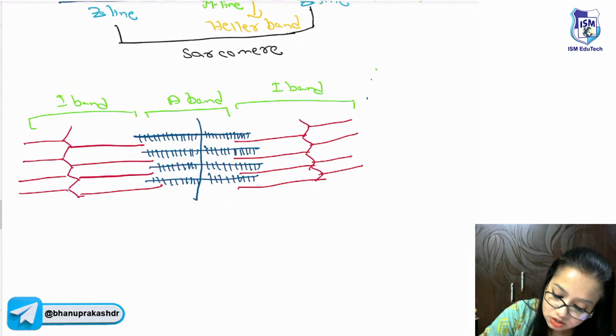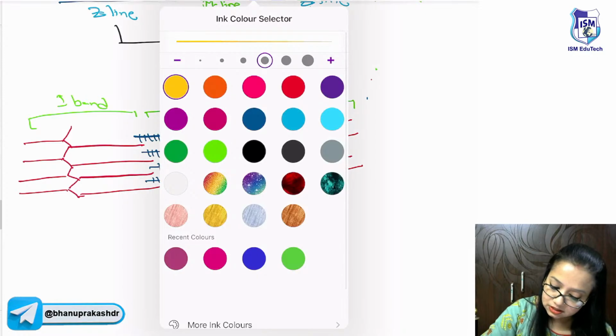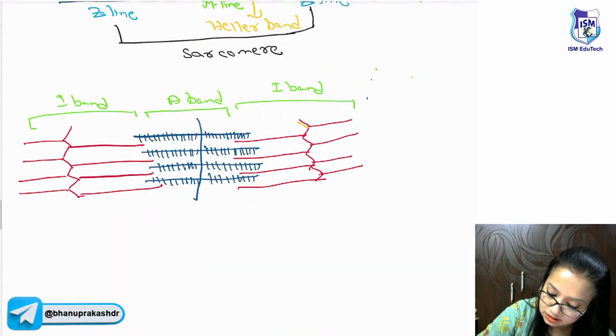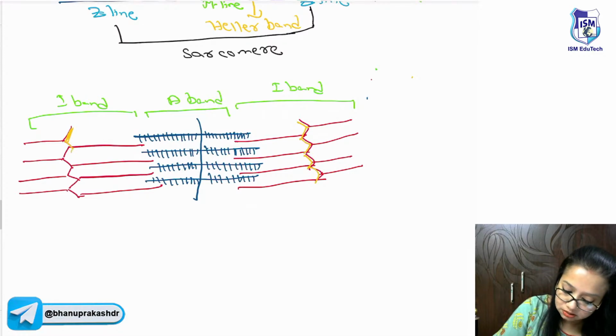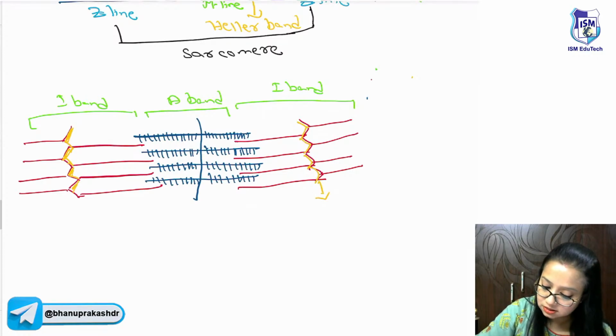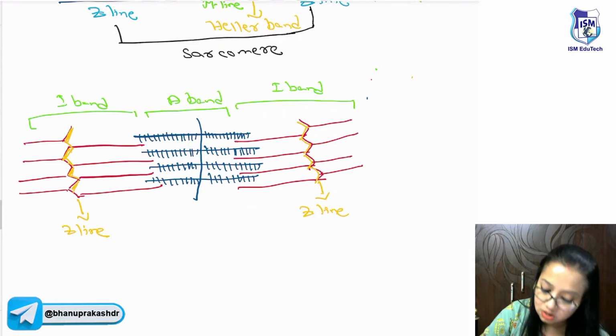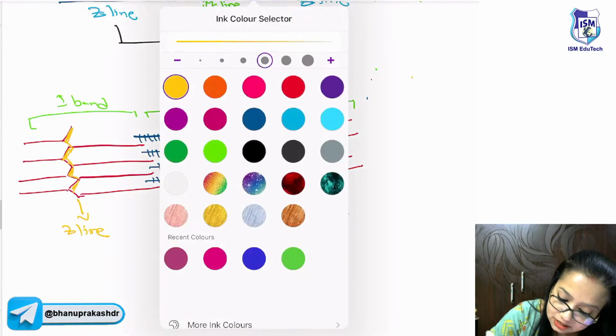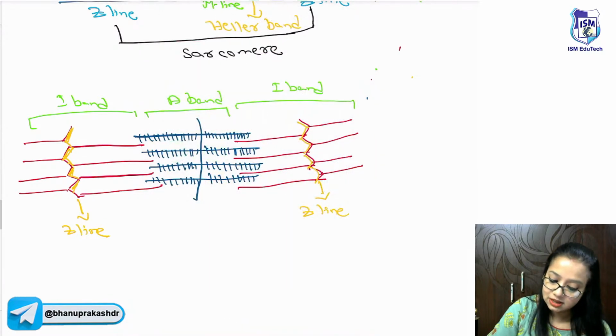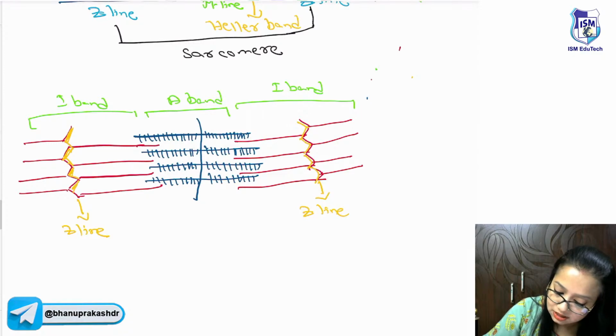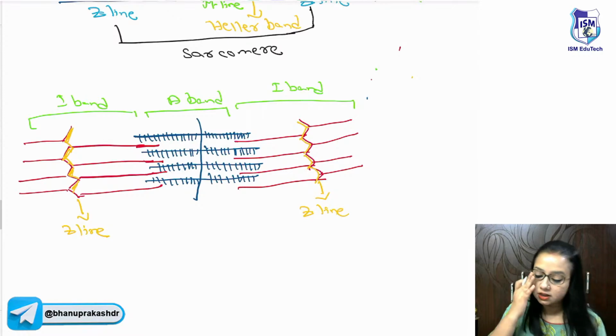And this structure which is right in the middle, passing through the I band, is the Z line. So here you see why the A band is thicker than the I band, because there is a region where there is overlapping of the actin and myosin.